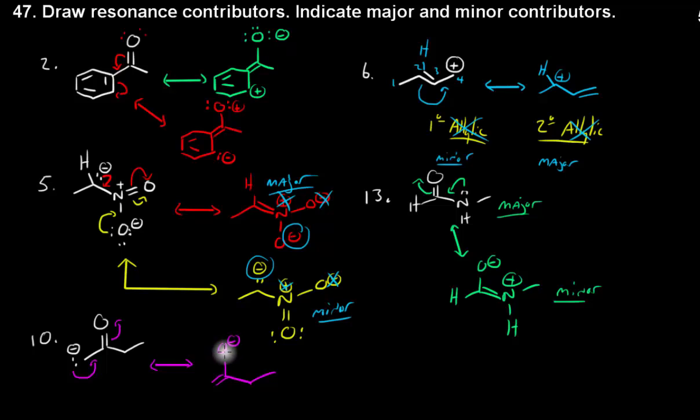Again, we're going across the row, so that's a valid argument: as we go across the row, electronegativity increases, so the ability of that atom to stabilize the negative charge is greater. That's pretty much it. So the major is going to be on the right, and the minor on the left.